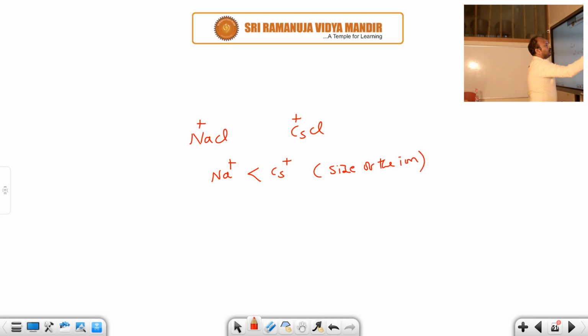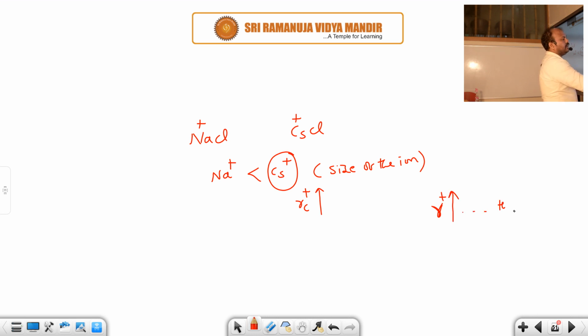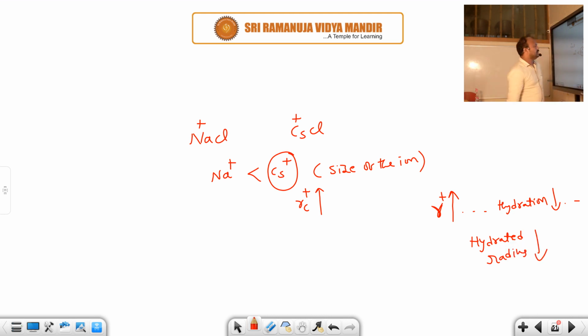Radius of the cation is more in Cs plus. You know very well, when the radius of a cation or anion, whatever it may be, increases, hydration decreases. Hydration decreases, hydrated radius also decreases. So the Cs plus ion has more size.